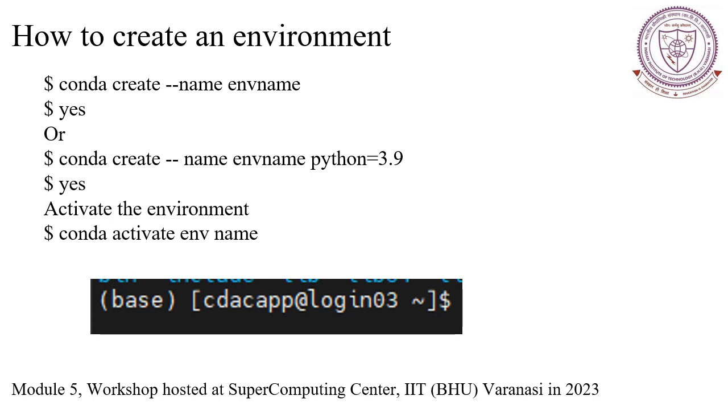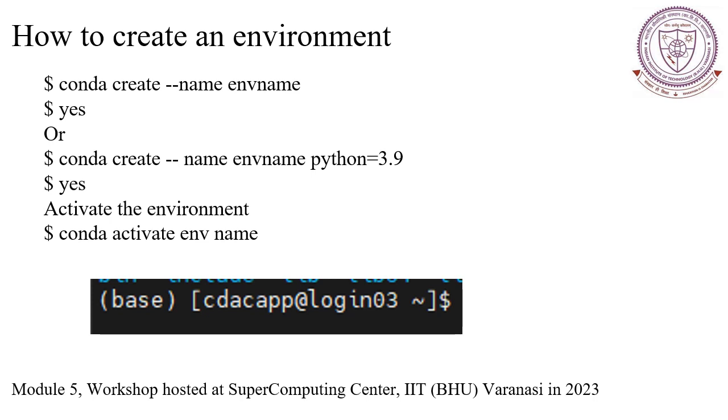For example, if you want to create an environment called myenv, you would use the command conda create --name myenv. Then proceed with yes when the yes or no option comes. Then it will create a new Conda environment with your name.